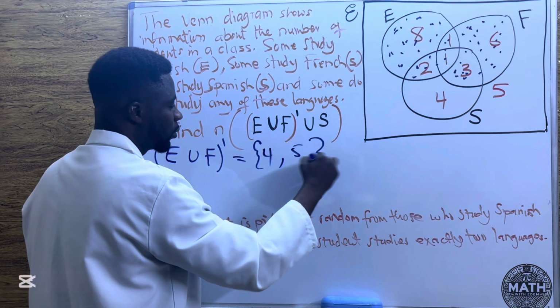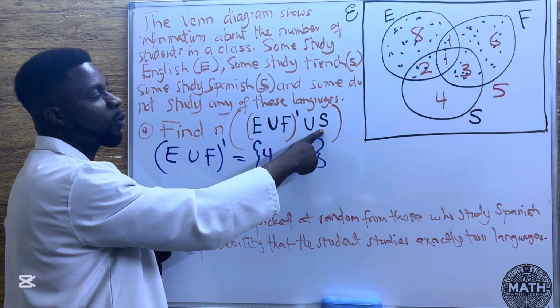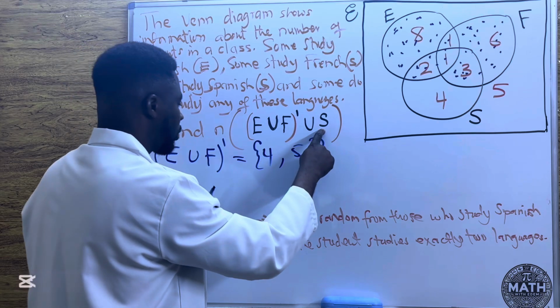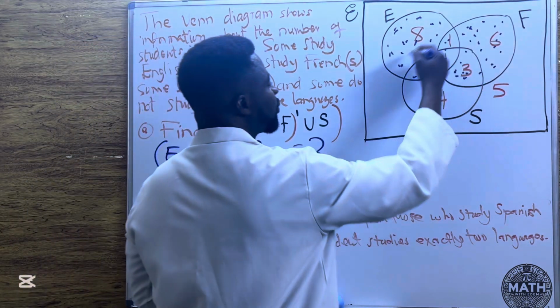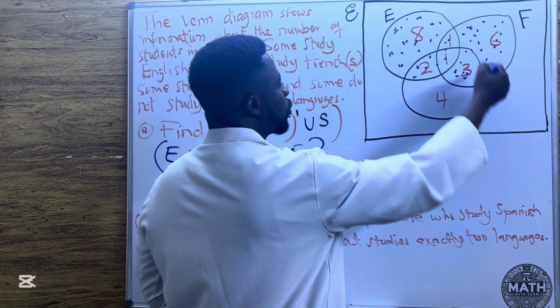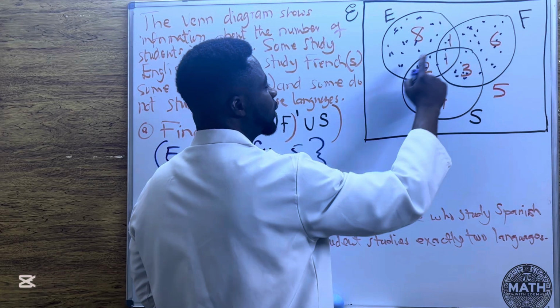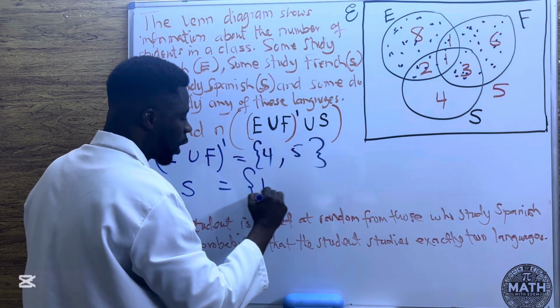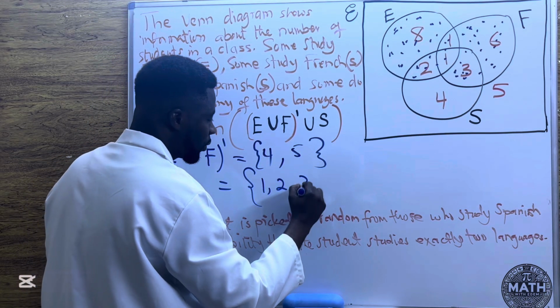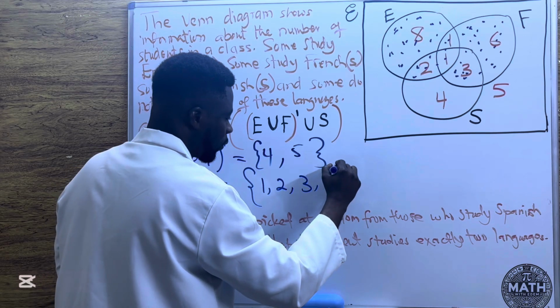Okay. Let's come back to people who study Spanish. So the whole of this region represents Spanish. So those who study Spanish, we have 1, 2, 3, and 4. So I'm going to write here 1, 2, 3, and then 4.